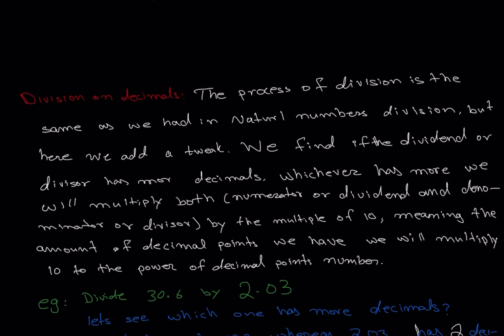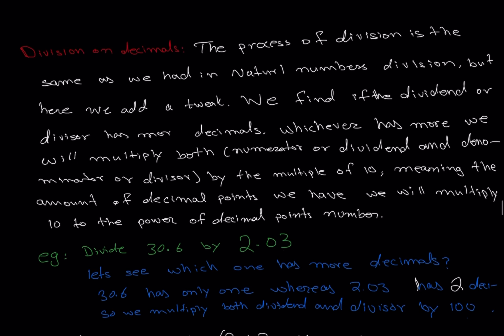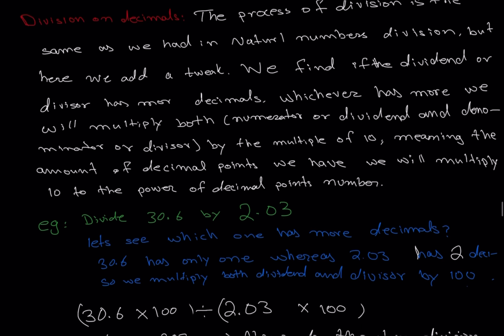Whichever has more, we will multiply both numerator or dividend and denominator or divisor by a multiplier of 10, meaning the amount of decimal points we have, we will multiply 10 to the power of the decimal points. This is somewhat confusing, but we will look at an example and I'll explain this.